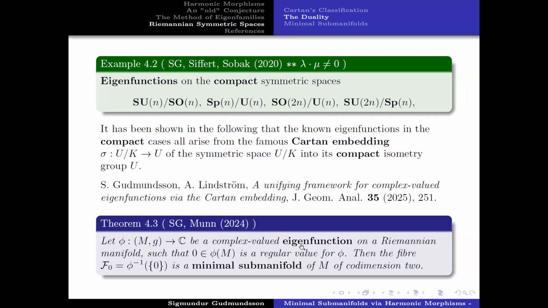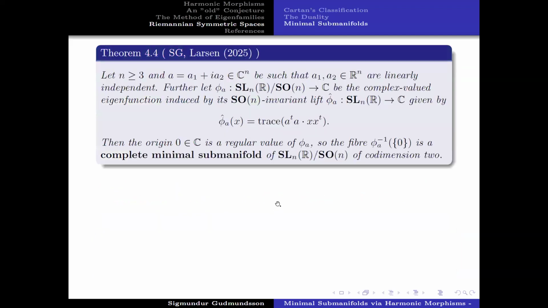So if you have an eigenfunction, and if the fibre over 0 is regular, then it's a regular minimal manifold of codimension 2. So here, this is clearly a map from SL3. I talked about it before. And then if you put this equal to 0, you get a complete minimal submanifold of codimension 2.